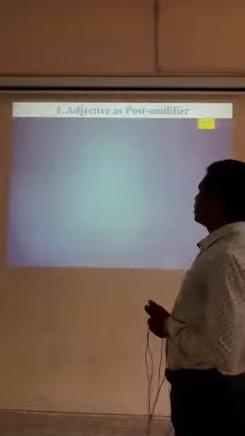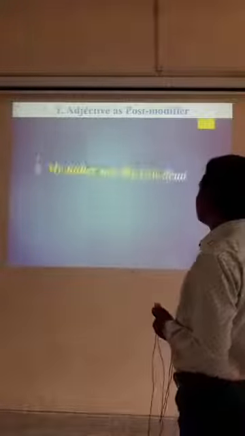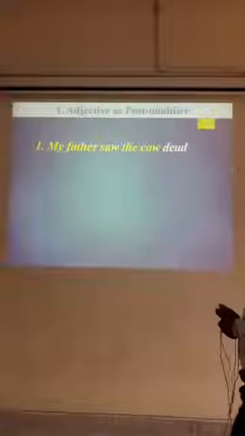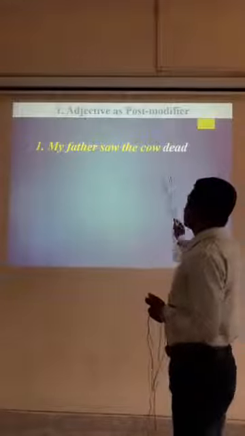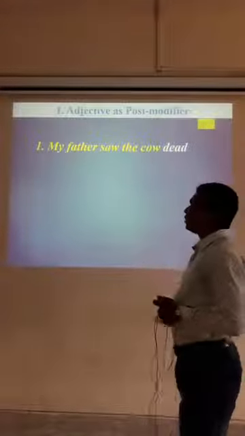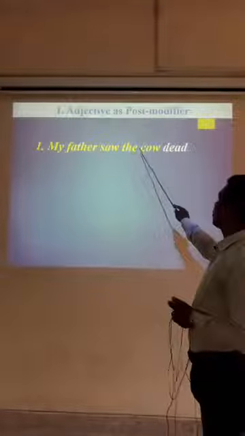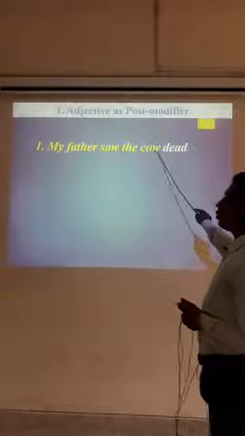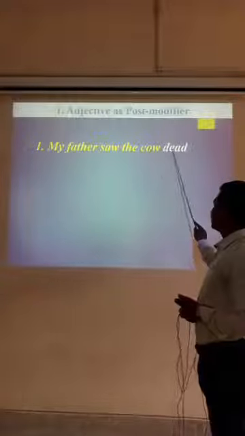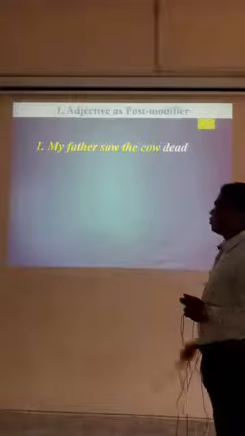Number 1, we will see the example: my father saw the cow dead. The condition of the cow, what is the condition? The condition is dead. It says something about the cow.